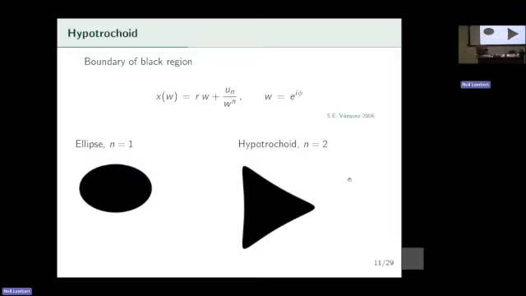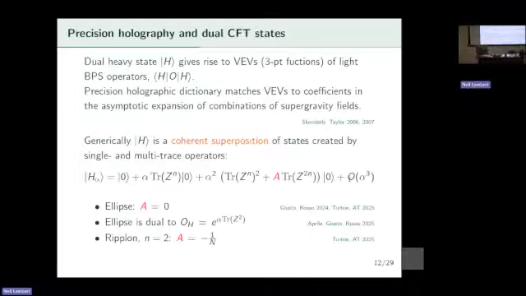So now let me quickly switch gears and tell you about the states which are dual to these geometries and the role that precision holography plays in determining these dual states. The dual state, the heavy state, gives rise to the vacuum expectation value of light operators, which are simply 3-point functions of 2 heavy and 1 light operator.